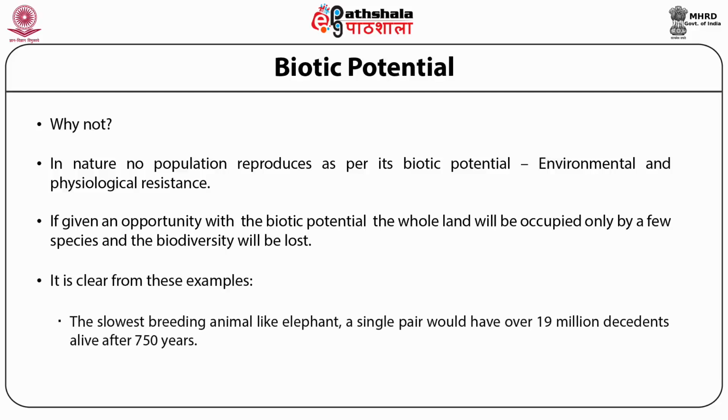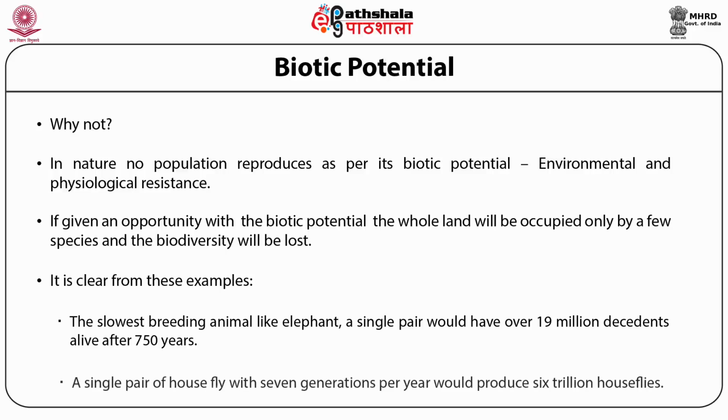The slowest breeding animal, like elephant, a pair of elephants would have over 19 billion descendants alive after 750 years. Similarly, a single pair of housefly within 7 generations per year would produce 6 trillion houseflies.